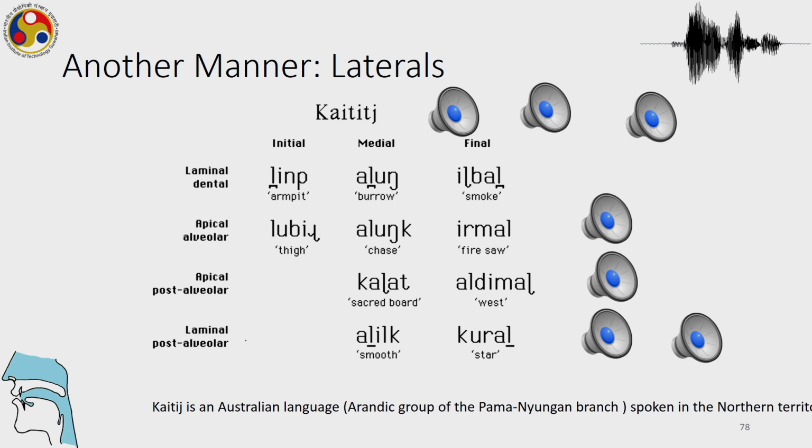So here, these examples on top are the laminal dental, and then we have apical alveolar, and then apical post-alveolar, and laminal post-alveolar.